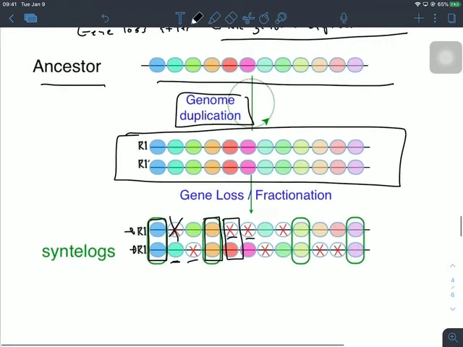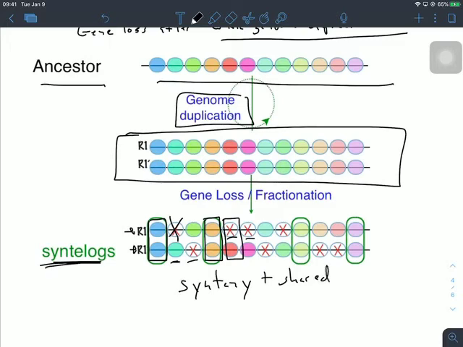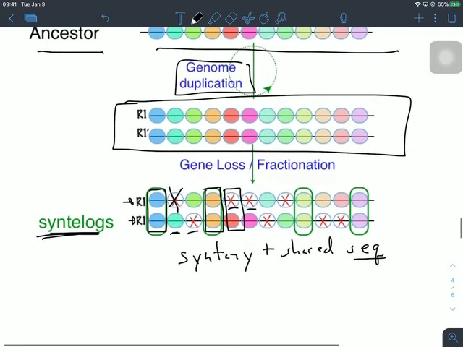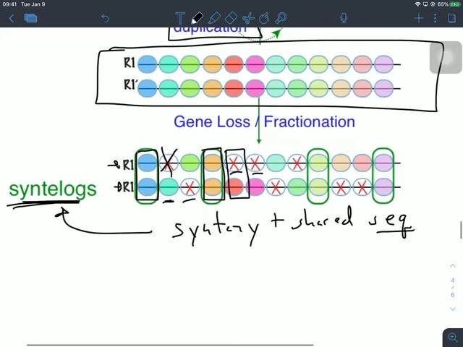Now, the last bit of vocabulary that we want to lay on our study of syntalogs here, because these are syntenic orthologs, so genes that have synteny with each other plus shared sequence or shared ancestry, are syntalogs.